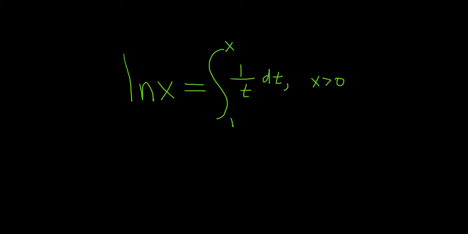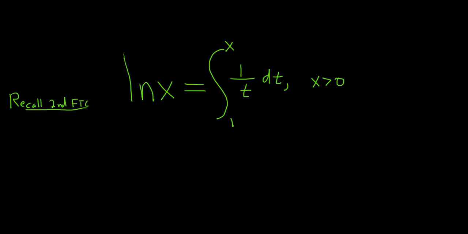So the most important rule that we're going to get from this definition is the derivative of ln x. So recall the second fundamental theorem of calculus, the second FTC.